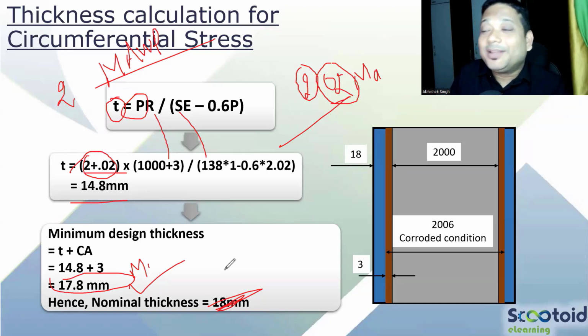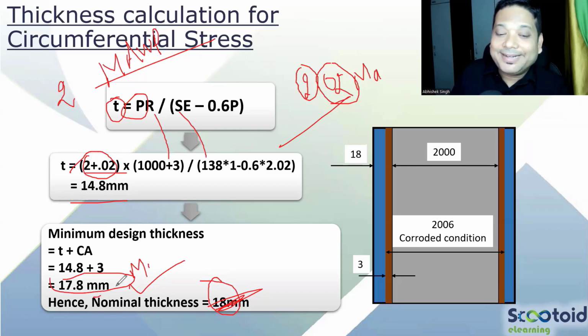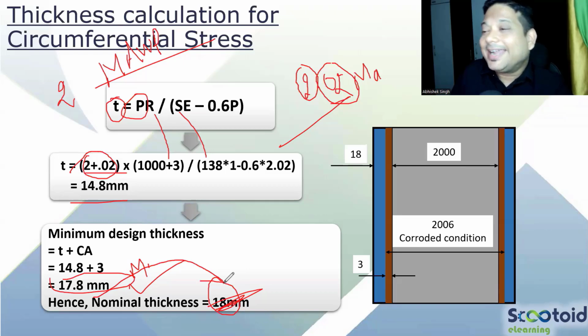Why is it normally more? Why does it come a little bit more than design pressure? Because of this rounding which we do. Instead of 17.8, we take 18, so slightly that MAWP will be more.